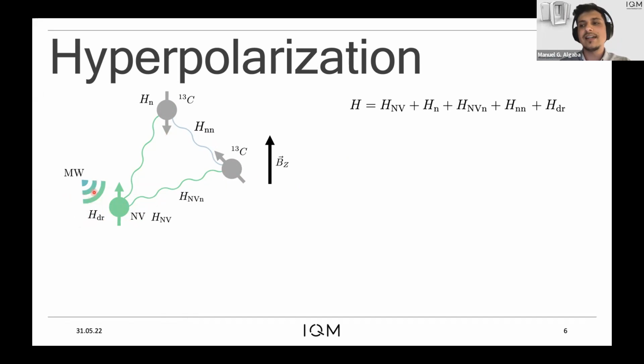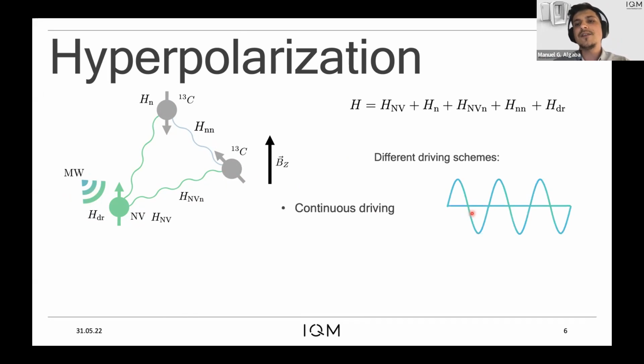This microwave radiation can appear in different ways. We can create it with different schemes. The easiest one would be the continuous driving scheme, in which you just send some kind of sinusoidal radiation, and you can choose the phase and the frequency. So at the end, you enhance the interaction that we want to enhance, better or worse, depending on your parameters.